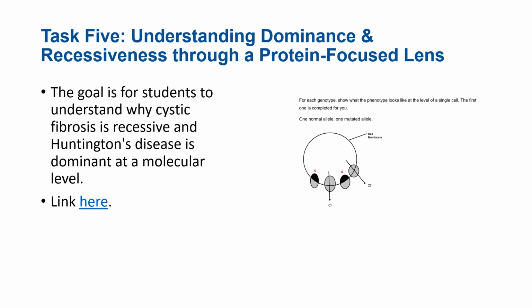And so the nice side-by-side of that is it allows students to understand that the recessiveness and the dominance of those 2 illnesses stems from what is happening with the proteins that those genes code for, and nothing else. It's nice for them to think about, okay, well, in Huntington's disease, it's a dominant condition because you only need one allele to produce the toxic protein that will destroy the cell, so to speak.